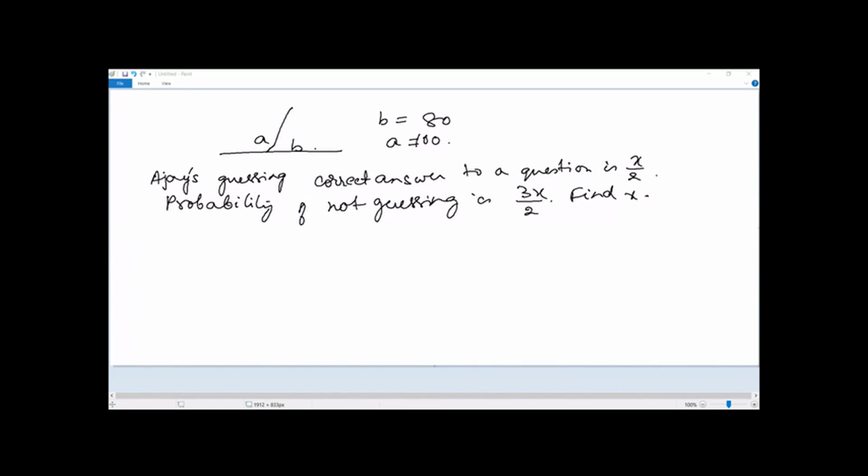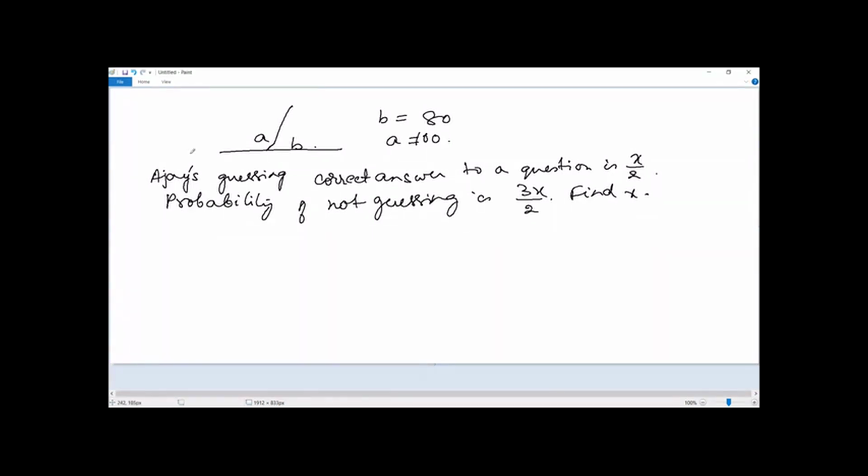Nobody has written. 1 by 2, ma'am. So guessing and not guessing, you add, what do you get? 1. So 4x by 2 equal to 1, 2x equal to 1, x equal to 1 by 2. Correct.